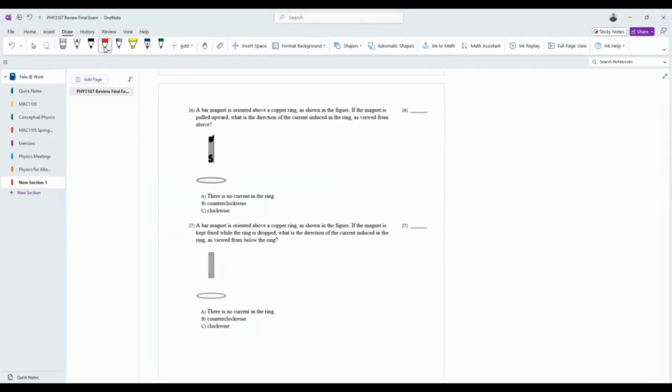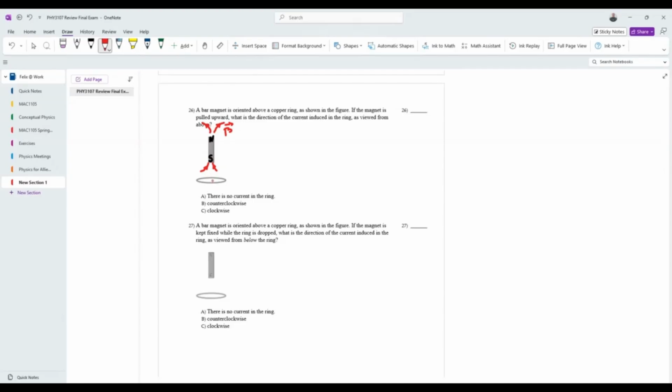Now, the magnetic field here will be like this. It's entering the South Pole and leaving the North Pole. This is how the magnetic field lines go. Now, when you are moving this magnet forward, the magnetic field in this copper ring is decreasing.